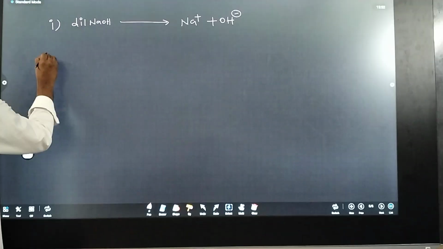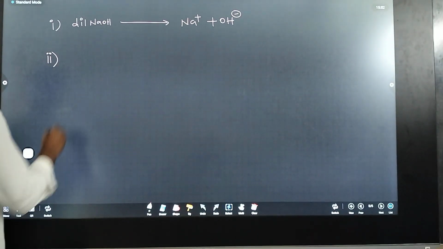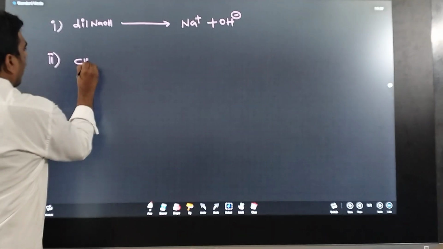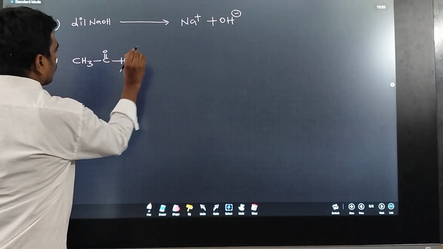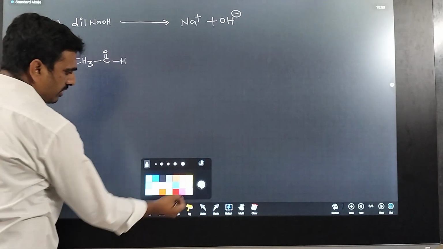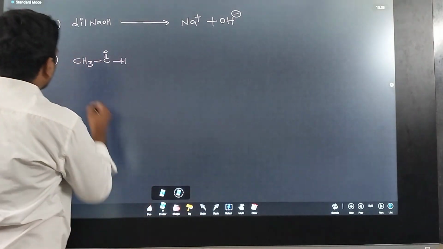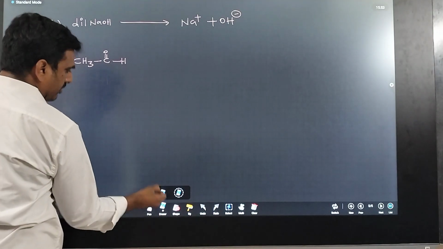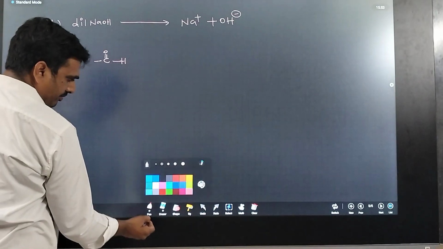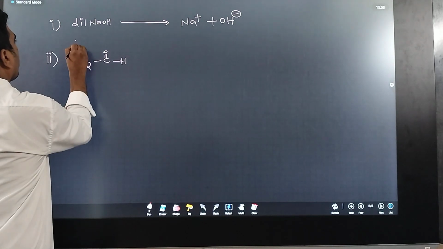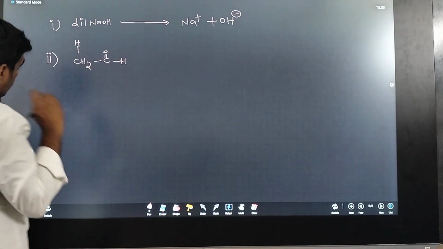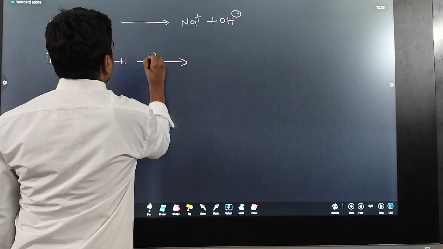So second step. So here substrate is alpha hydrogen containing carbonyl compounds. So I can write another way, CH2 and H. So here I can use the base.